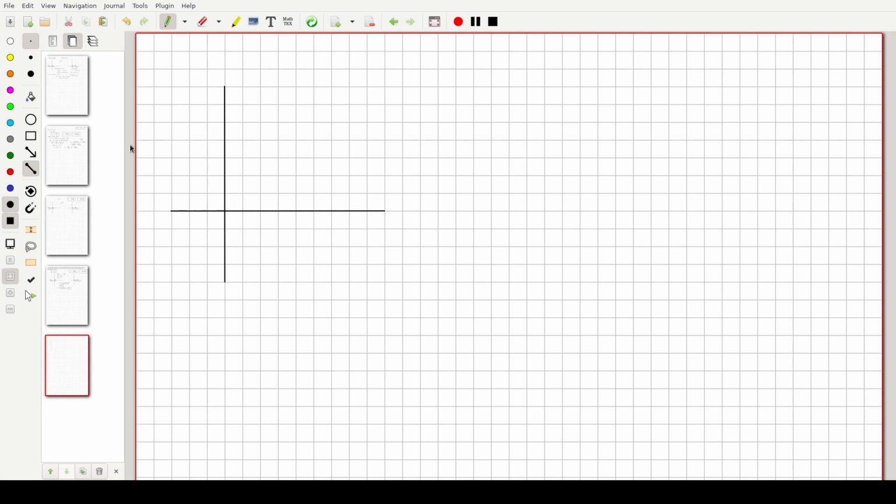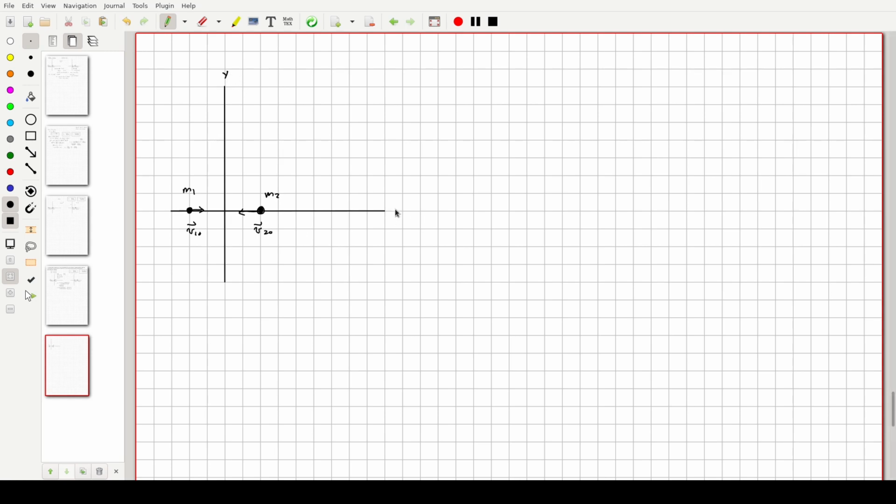For example, what if I had a situation like this? Maybe this is M1 moving this way, has an initial velocity of whatever. This one right here is M2 moving this way. It has an initial velocity of whatever.